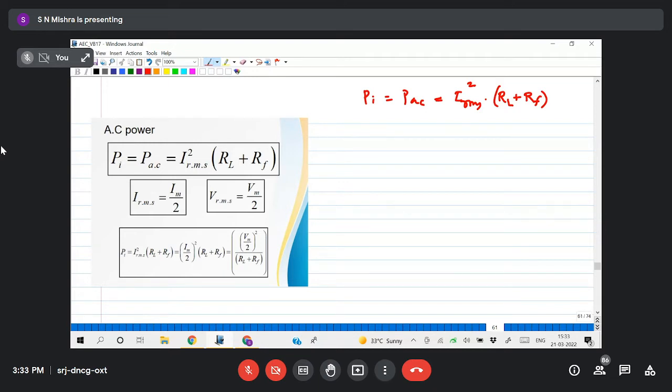Once you know the power, we can calculate I RMS and replace it here.